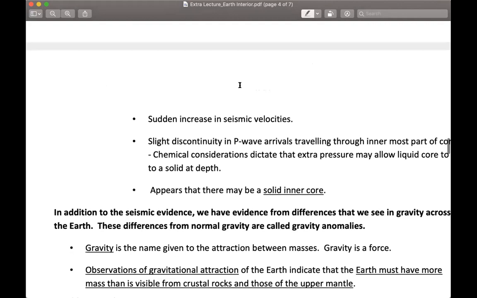This Lehmann discontinuity is understood by a sudden increase of seismic velocities, as I mentioned before, because that is solid, right? It's solid. That means the density is even greater than the outer core, because even the outer core is still the same material, iron and nickel, but it is liquid, right? But when you come to the more interior, there are very, very high pressure conditions, more than the outer core.